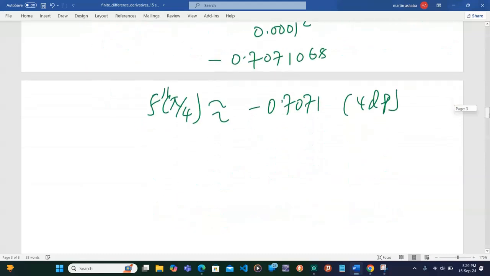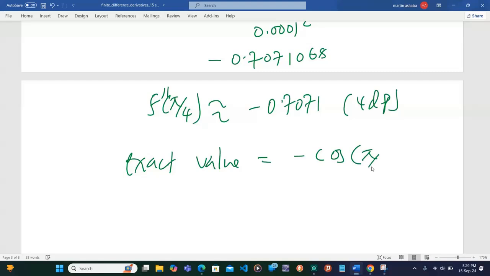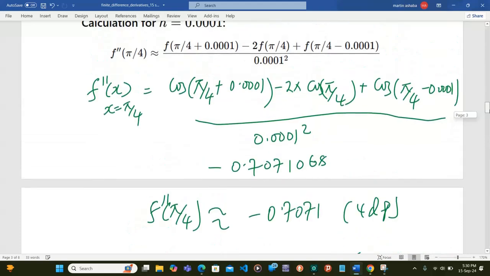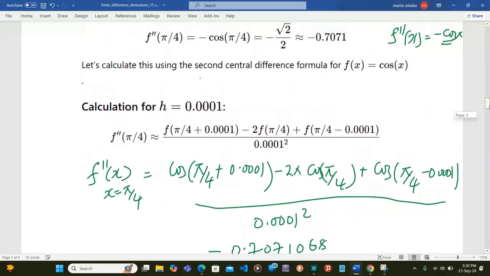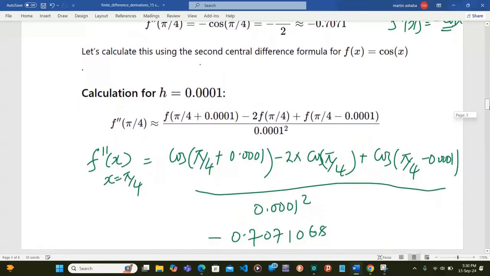And if I use the exact value, it is equal to negative cos of pi over 4, which is also negative 0.7071 to 4 decimal places. So this is how you can use the central difference formula to calculate the second derivative of a function.